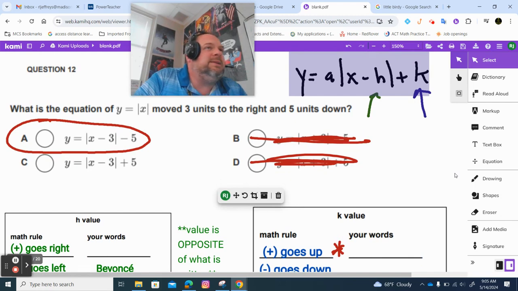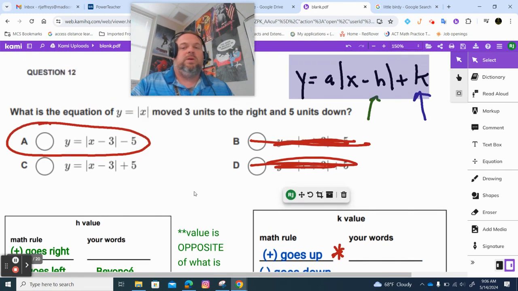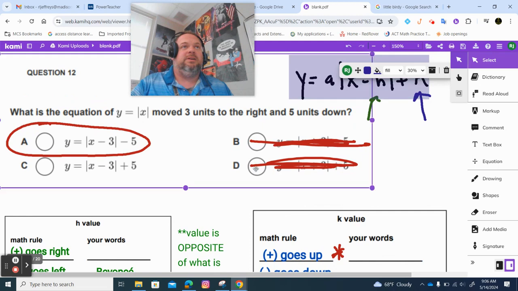Well, it says move 3 units to the right, correct? No, it's already negative.